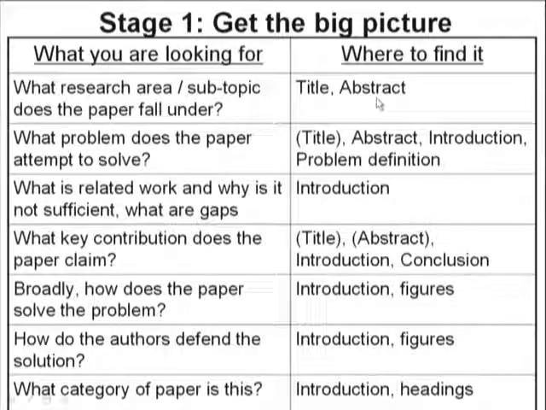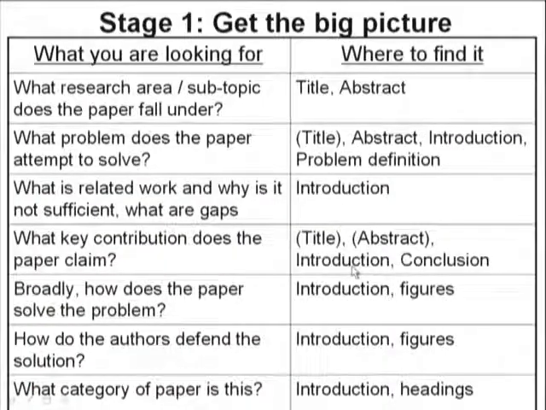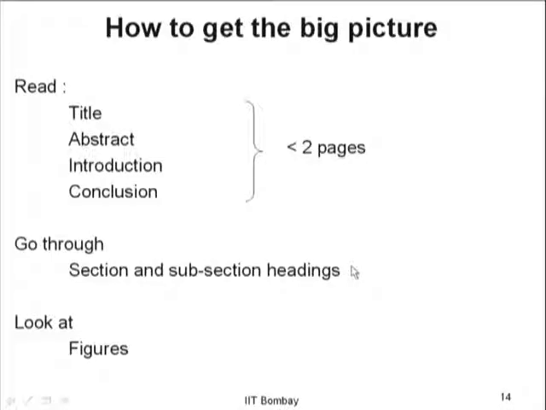By the way, if a word is in parentheses, it means that you may or may not find it in the title. Sometimes you may find it and sometimes you may not, but you should definitely find the contribution of the paper in the introduction itself. So you get the big picture by reading the title, abstract, introduction and conclusion, not the entire paper.